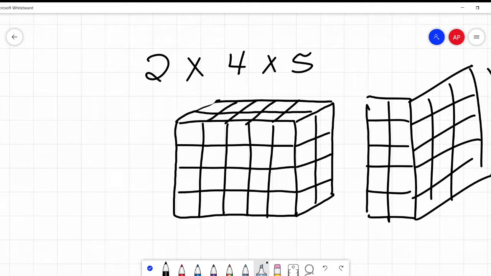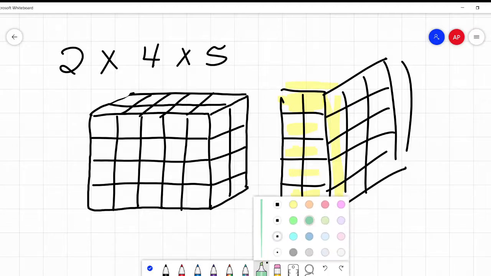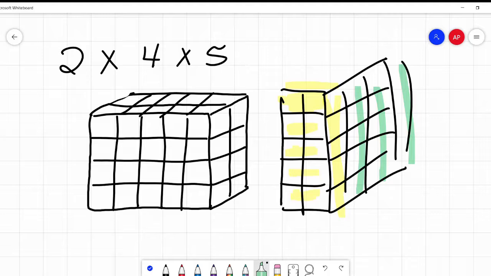Now it looks like I have this block of 2 that's been stacked 1, 2, 3, 4, 5 times. And then it goes back 1, 2, 3, 4. I have 4 rows of it. So no matter how I'm looking at it, 2 times 4 times 5, 5 times 4 times 2, those can all be represented by rotating this block that doesn't change in space.